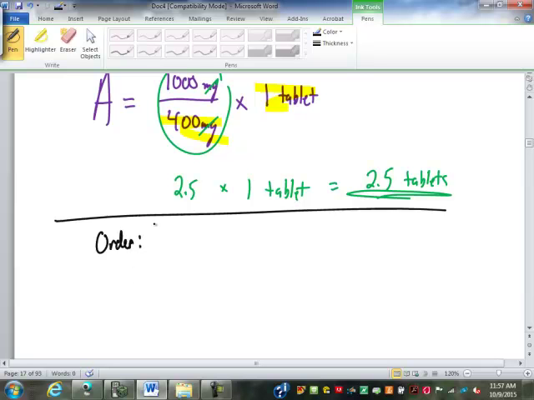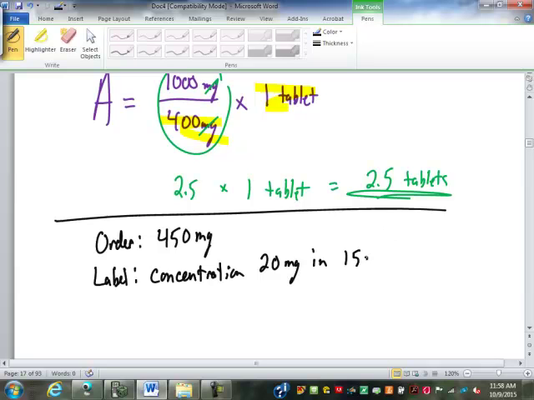So let's say the order is for 450 milligrams. The label on the bottle says concentration 20 milligrams in 15 milliliters.